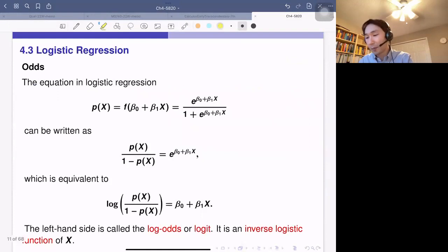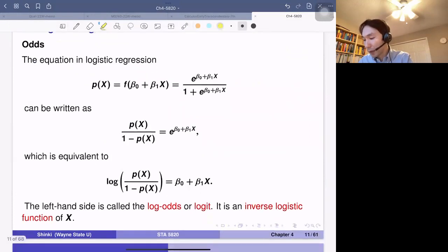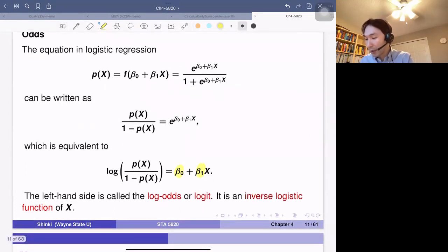So if you want to interpret the coefficient beta 0 or beta 1, or beta 2, beta 3, and so on, we have to consider this slope as the slope for the log of the odds ratio. p of x over 1 minus p of x is the probability that y is equal to 1 over the probability that y is equal to 0, a kind of success probability over failure probability. So it is the ratio of the probabilities.